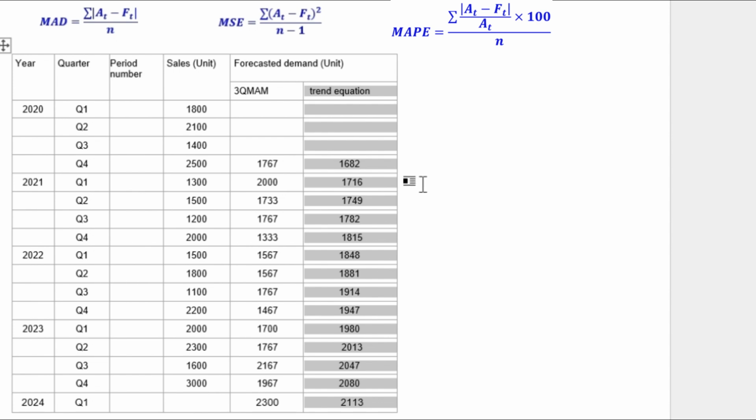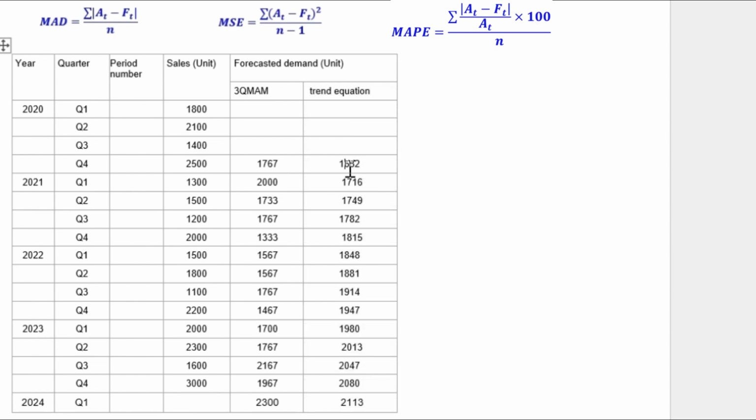So we need to calculate the forecast accuracy for both of them and compare between them to see which method is better. I will use the three forecast accuracy measures MAD, MSE, and MAPE.